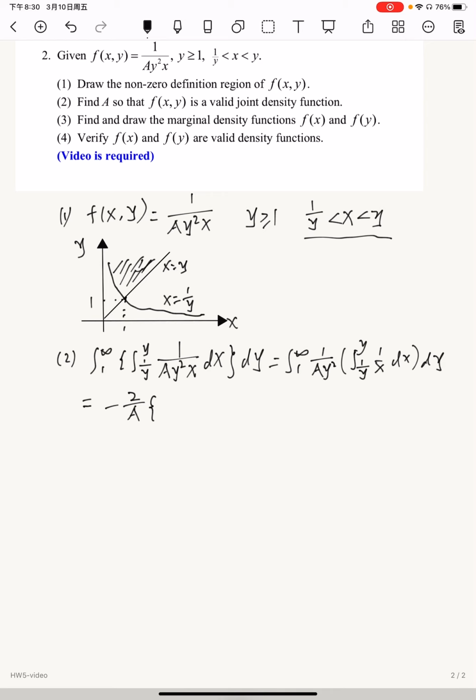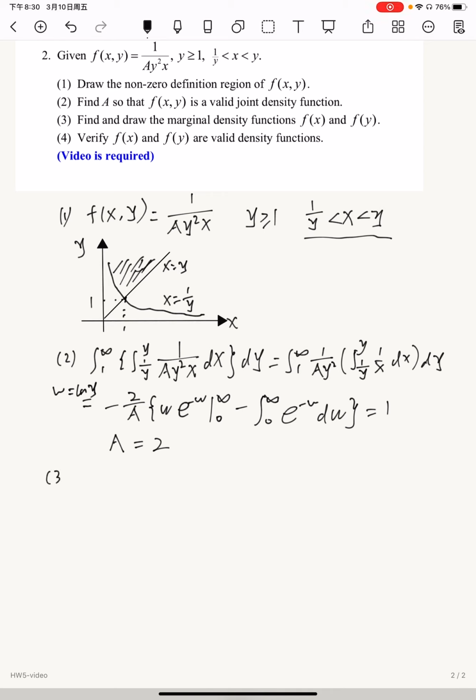We let w equal ln y. We can get the result w e to the minus w from 0 to infinity, minus the integral from 0 to infinity of e to the minus w dw, which equals 1. So we can get the result that a equals 2.